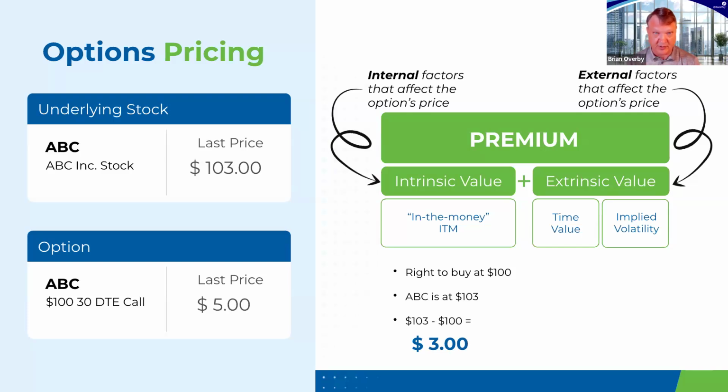What we're really concerned with, and especially today when we're talking about exercise and assignment, is the extrinsic value. The total premium for that option contract is $5. The in the money amount is 3. You take 5 minus 3 and you come up with the time value of $2 on this option contract. That goes out 30 days until the expiration date on this fictitious stock called ABC.